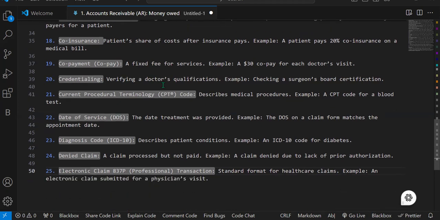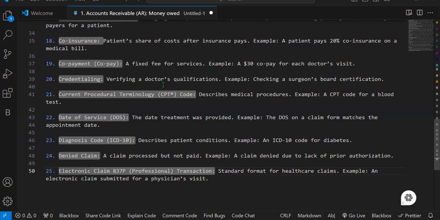And Current Procedural Terminology code. It describes medical procedures. What is a CPT code? CPT codes are very important. In the claim form, all the CPT codes are there. What does CPT mean? Current Procedural Terminology.